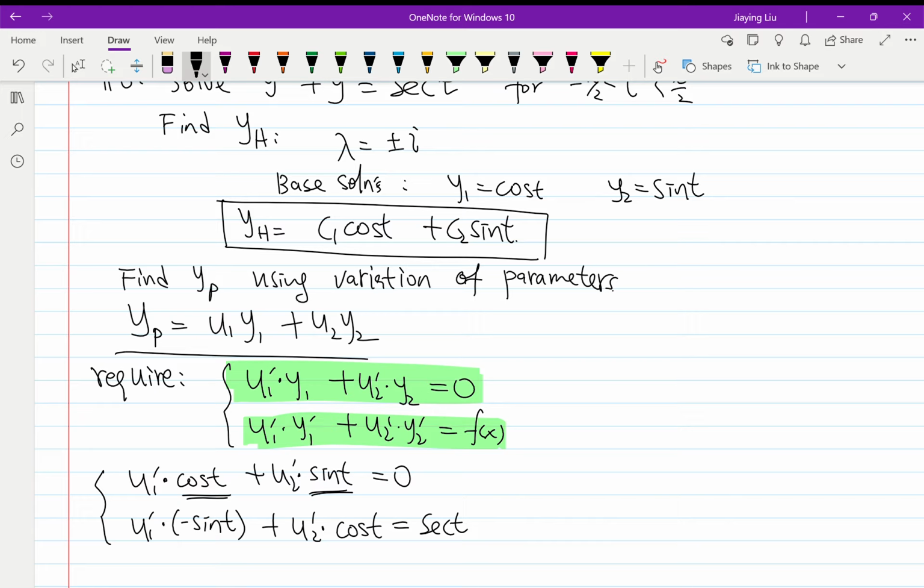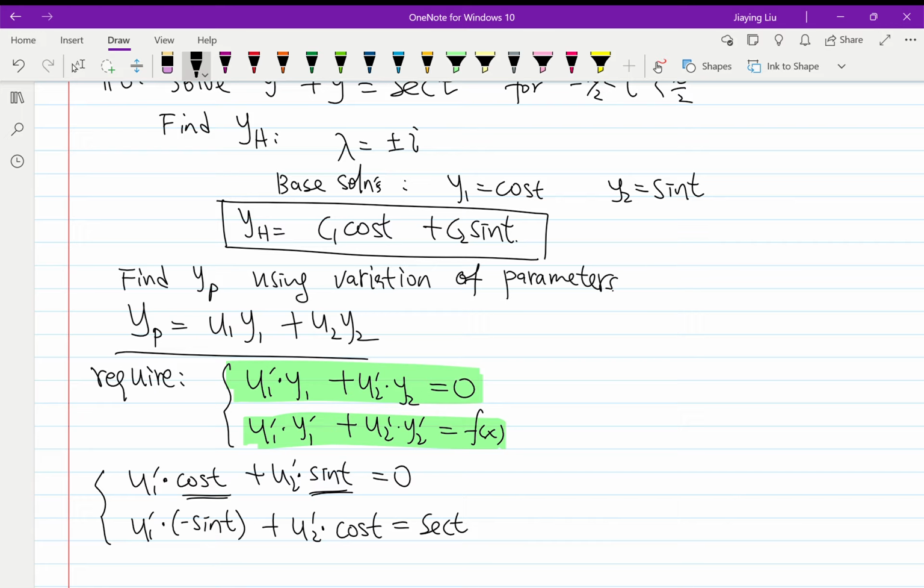So usually what we do is take one equation and multiply by cosine or sine, and take the other equation and multiply by the other function. It really doesn't matter which one you try to eliminate. If we try to get rid of u1 prime, we need to make sure that this is sine and cosine, and this one is sine and cosine. If we try to get rid of u2 prime, we want to multiply this equation by cosine so that we can get rid of the u2 prime here. So it really depends.